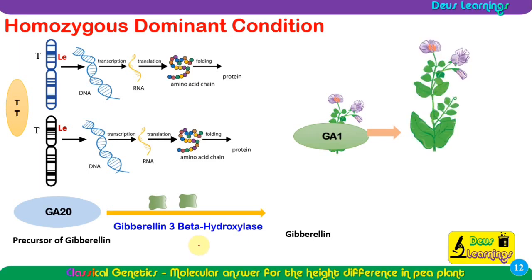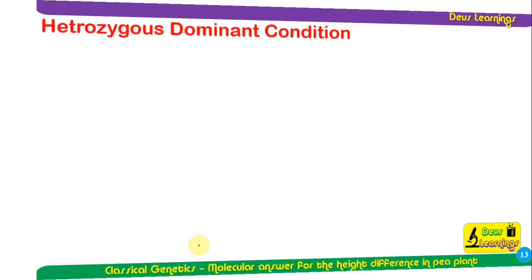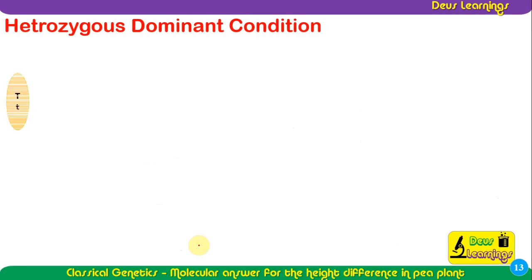Let's see the heterozygous dominant condition. What happens here? We have one functional allele, which can code for gibberellin 3-beta hydroxylase.